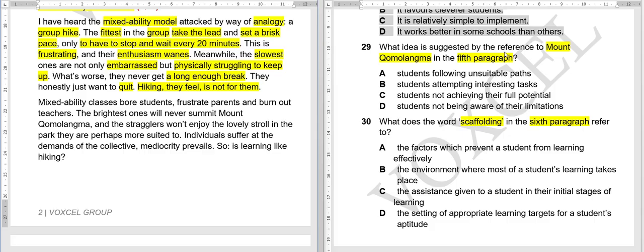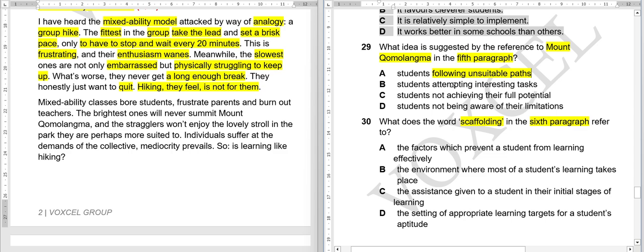What is the idea suggested by the reference to Mount Langma, sorry if I'm mispronouncing it again, in the fifth paragraph? So the reference to this mountain is given to suggest something. What is this? We have to understand. Students following unsuitable paths. If this particular thing is being referred to, then unsuitable path, A will be our answer.